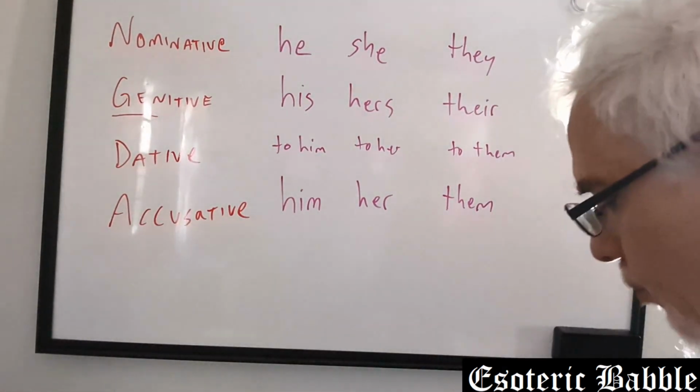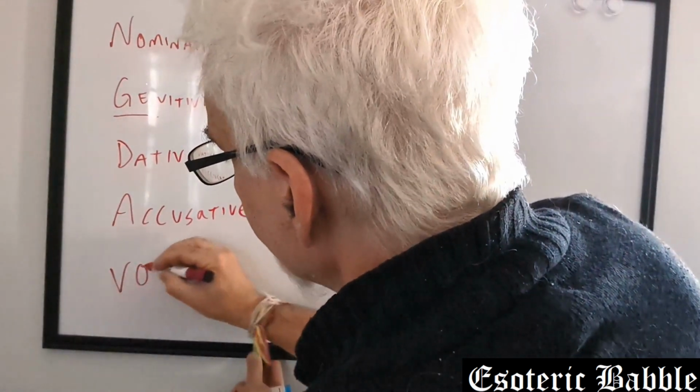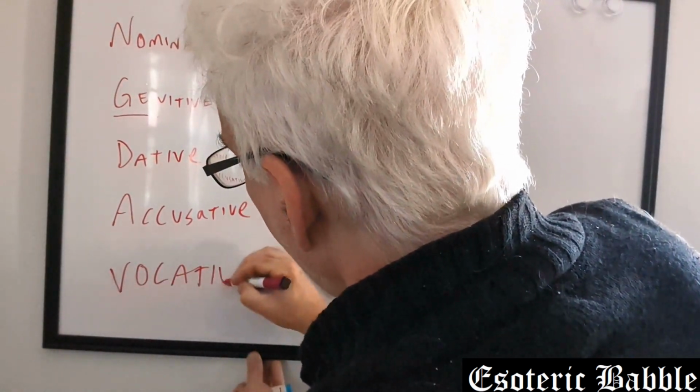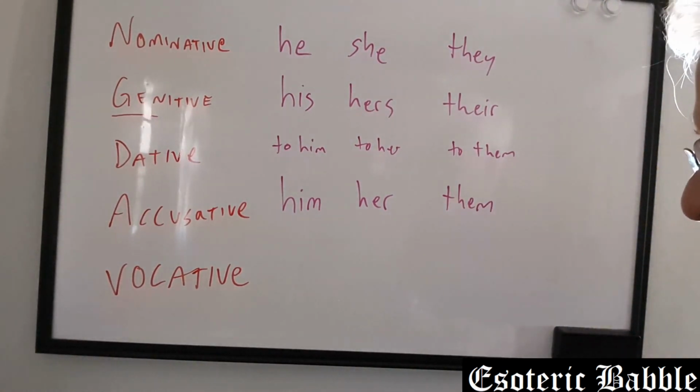Now there's one more case, and we'll just start with the name. It's called the vocative case, from the Latin vocare, to call. It's when you're addressing someone. We've all actually heard a Latin example of this. Et tu, Brute. I might have used that example already. The person's name is actually Brutus, but when directly addressed, Brute.